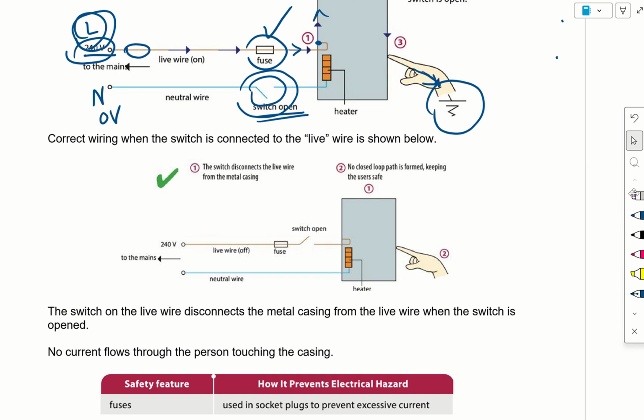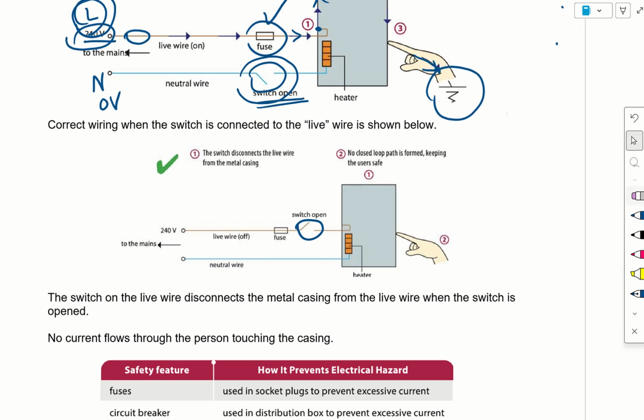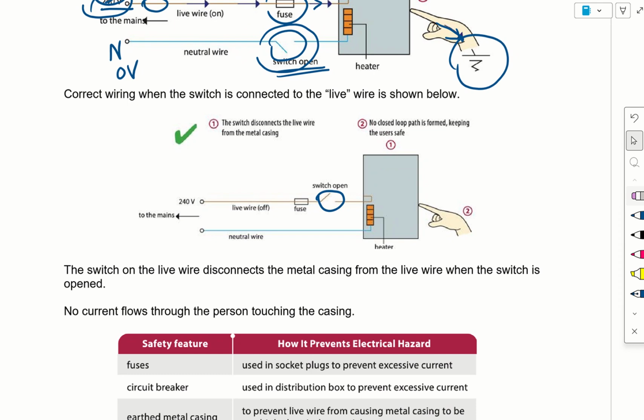It should be connected to the live wire. Okay, so we see that the switch is open. That means the appliances is no longer connected to the high voltage, but it is still being connected to the neutral wire. But that is okay because neutral is at 0 volts. So even if the person touches it, the person being at 0 volts in the ground, touching the ground, there is no potential difference. Okay, so nothing will happen.